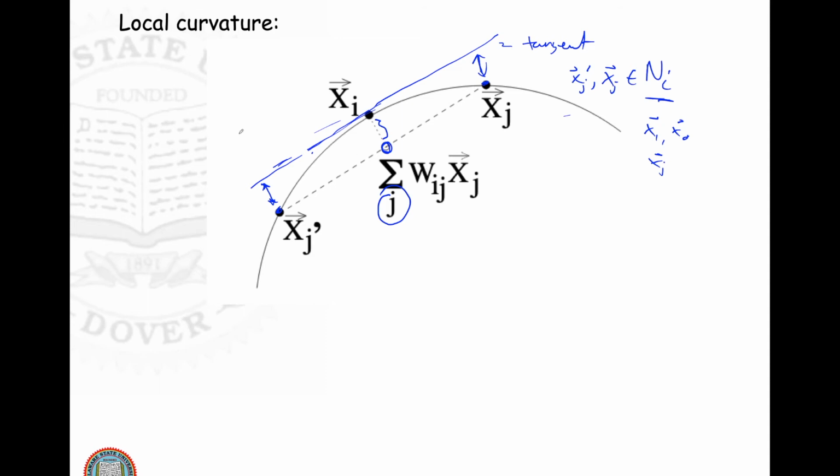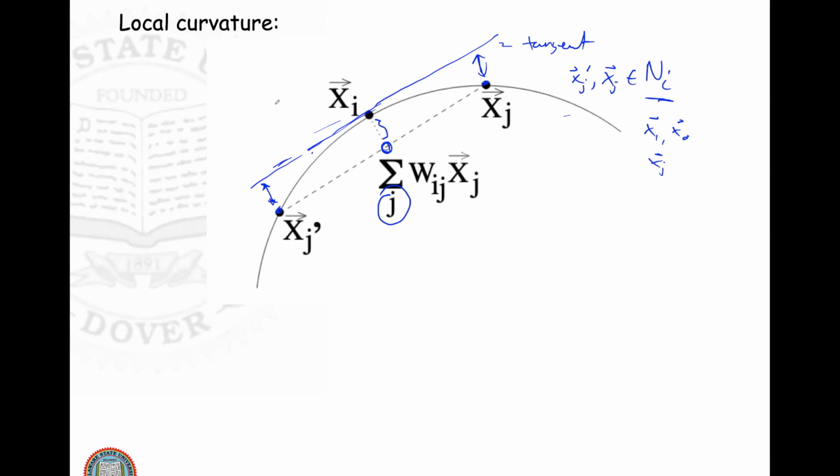Now, this weight matrix, Wij, consists of entries, and the jth entry of this vector is going to be the weight that is counted for that particular xj within the neighborhood. So Wij is a weight vector for xi using a linear combination of all the xj's that are in the neighborhood.